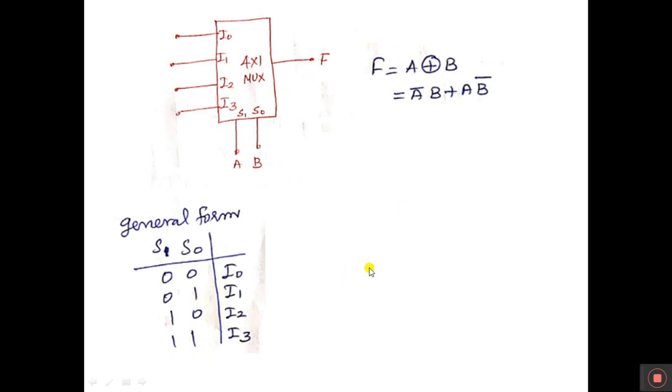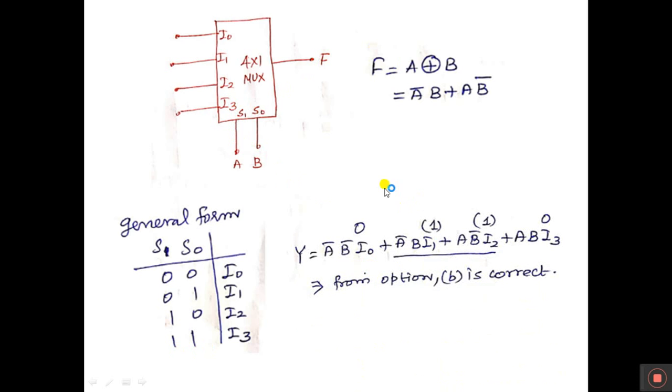According to this, we can write the general equation: y equal to, with selection lines A B, for 0 0, A bar B bar I0 plus A bar B I1 plus A B bar I2 plus AB I3.